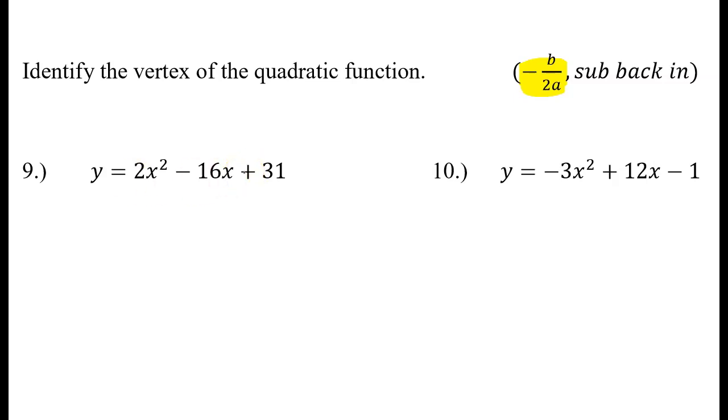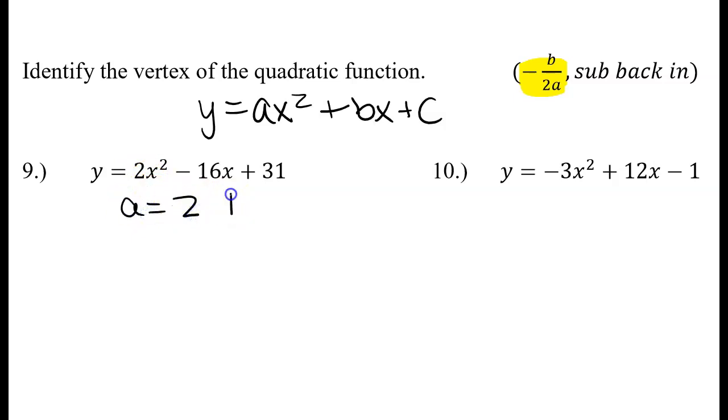First thing you want to do is identify what a, b, and c are. For a standard form quadratic that looks like ax squared plus bx plus c, look at the number in front of the x squared, that's your a. So a is 2, b is negative 16, and c is 31.